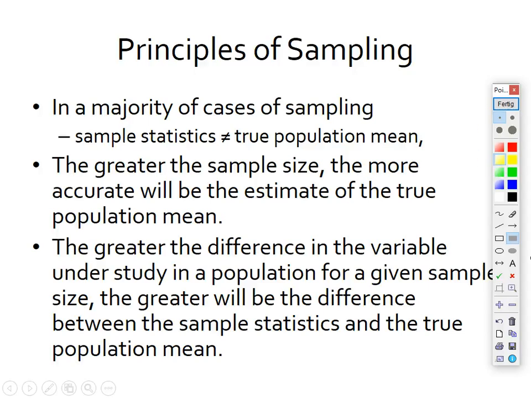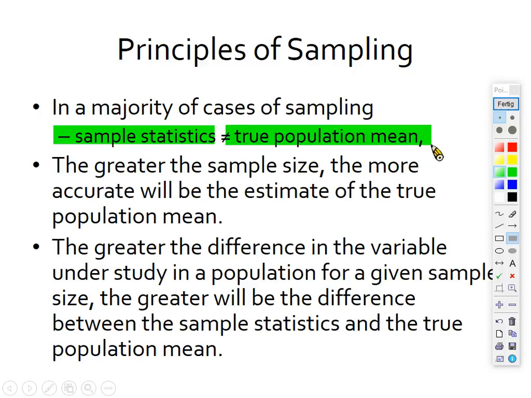In a majority of cases of sampling, we know the sample statistic is not equal to the true population mean. Do you agree, right? So the average height we survey from the sample of 500 students is 158. Most of the time, it is not equal to the true population mean for the 9,000 students, which is 160, right? So it is not equal.